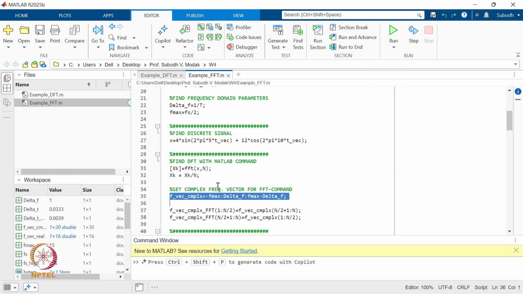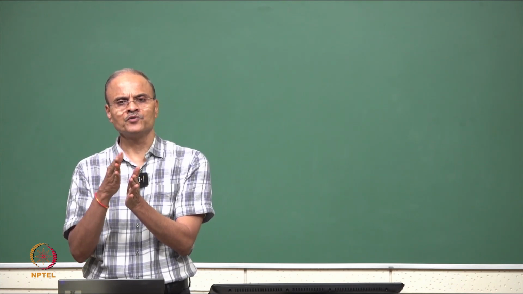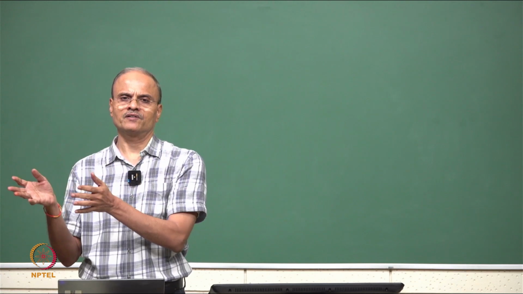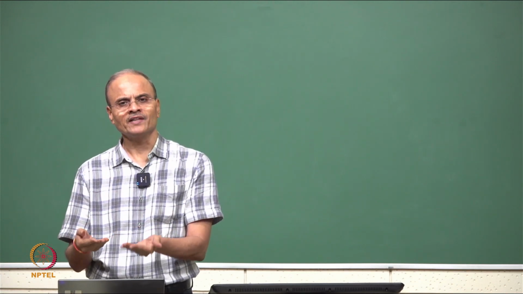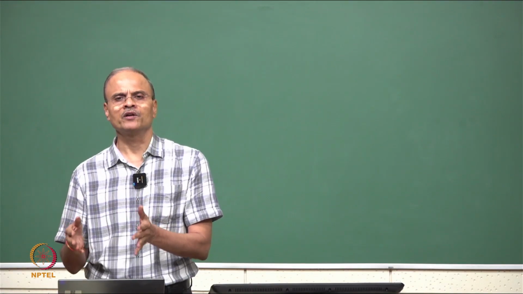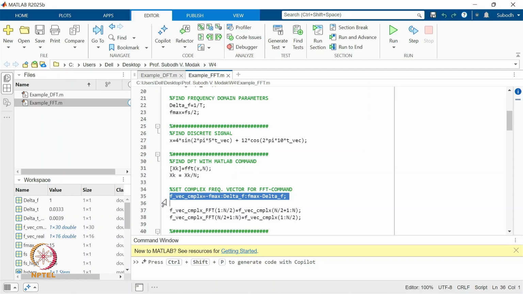It gives the first half components as the positive components, and after that it stacks the negative components. So it has first the components from 0 going up to n by 2, and then it stacks the negative components after that. That is why we have to make that adjustment and properly interpret those lines when we plot the figures.